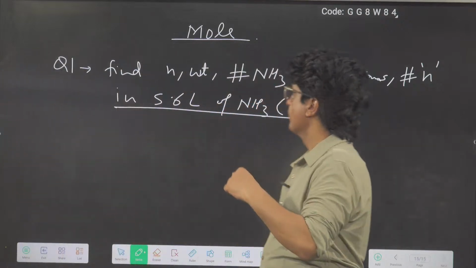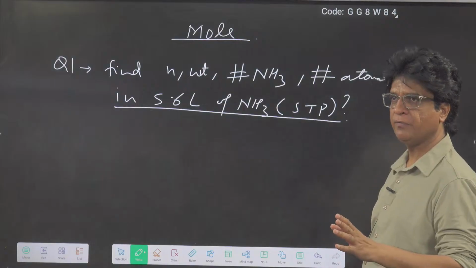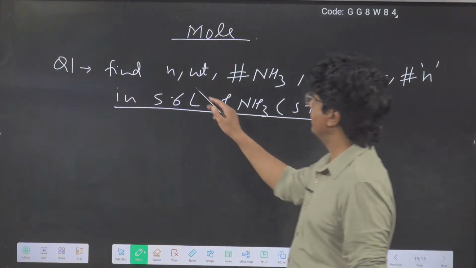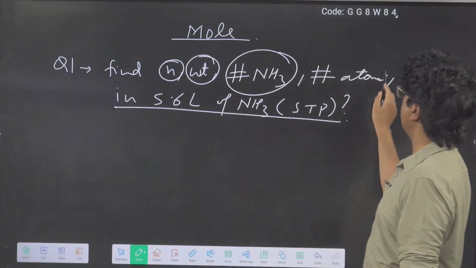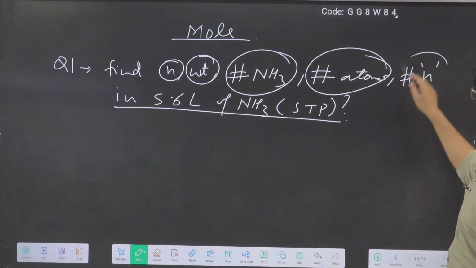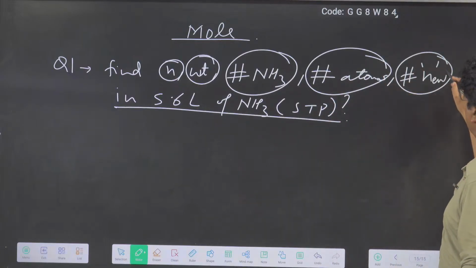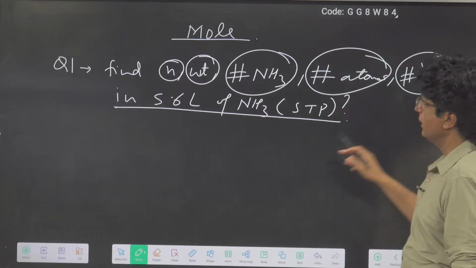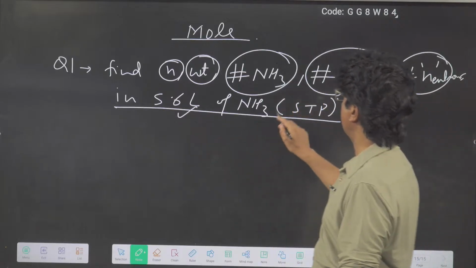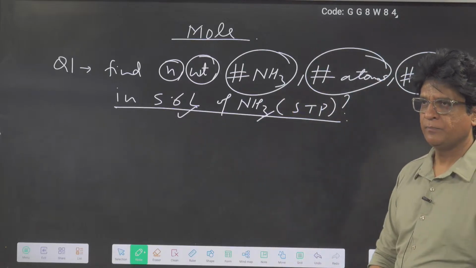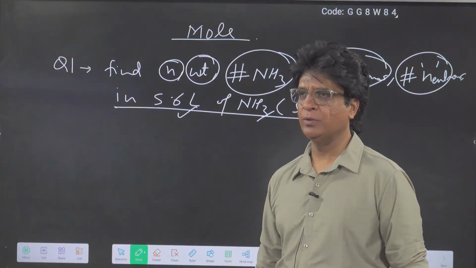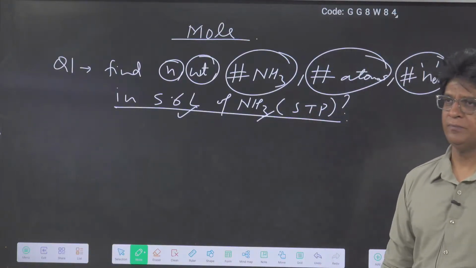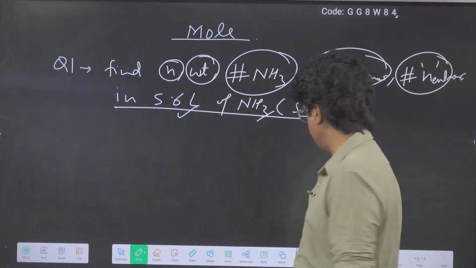The question I repeat for the people who have joined late: find number of moles, weight, number of molecules of ammonia, number of atoms, and number of neutrons in 5.6 liter of ammonia. Give me all the answers in one go. Simple question, and we have to travel that chart.